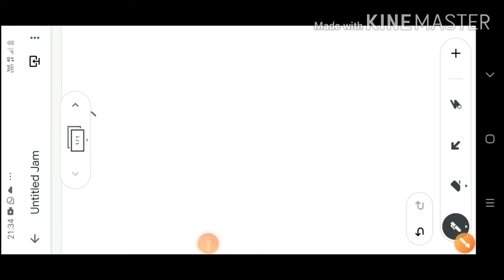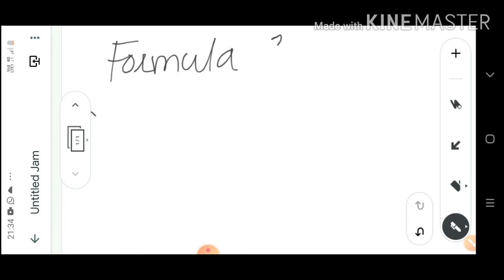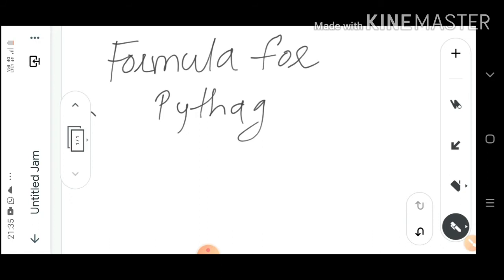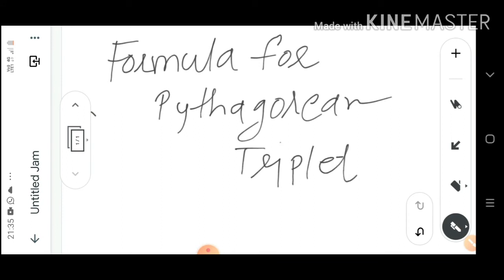Now today let us find out what is the formula to find out Pythagorean triplet. Yes, formula for Pythagorean triplet. By using this formula, you can find out any set of 3 numbers which we can call a Pythagorean triplet.